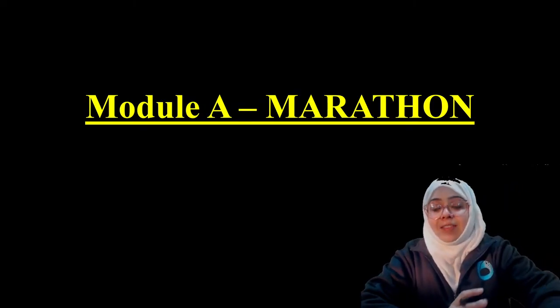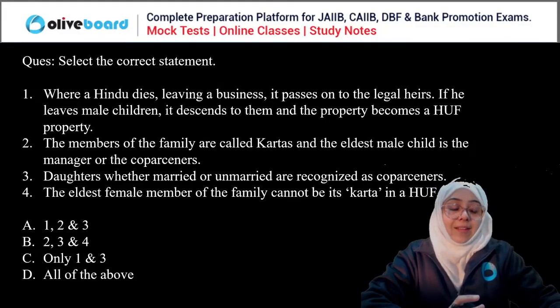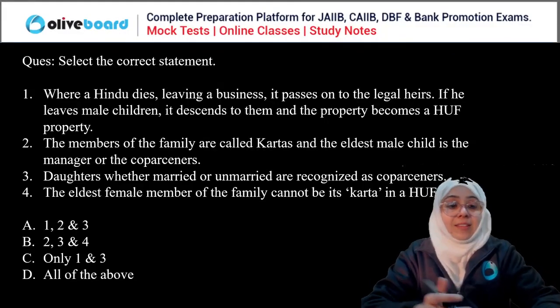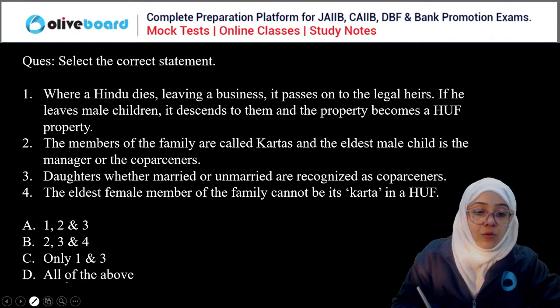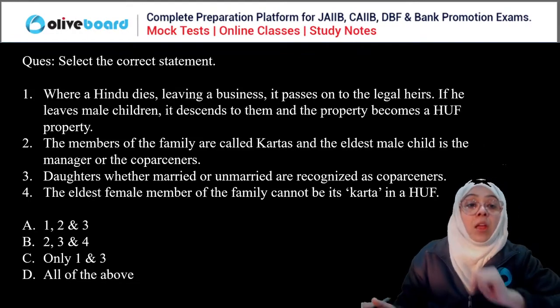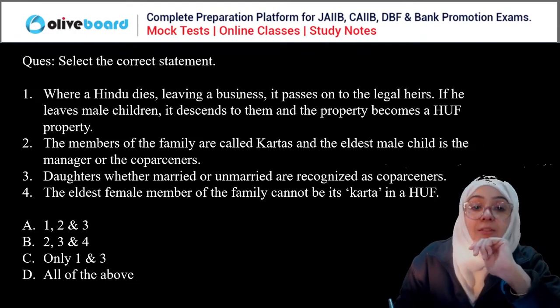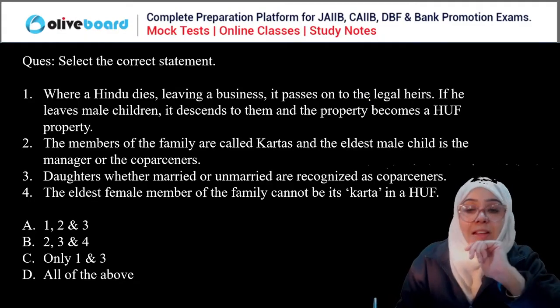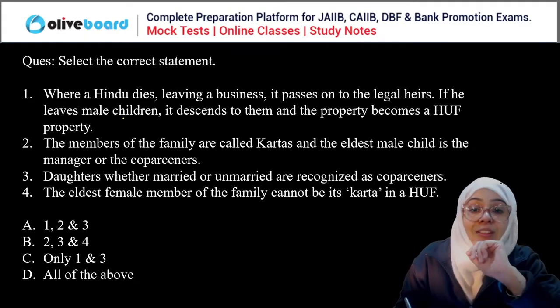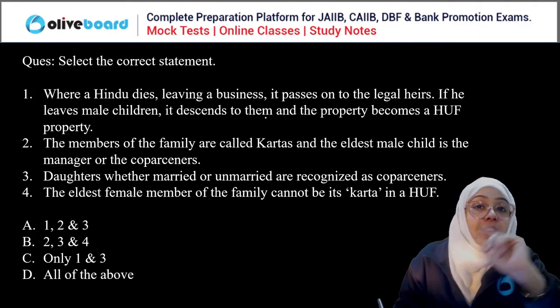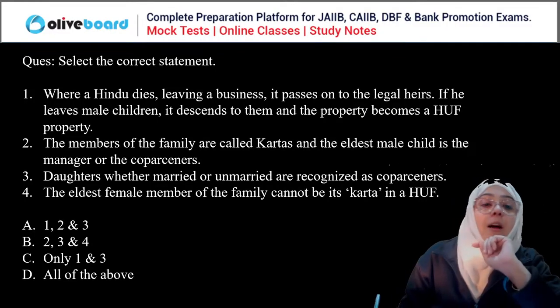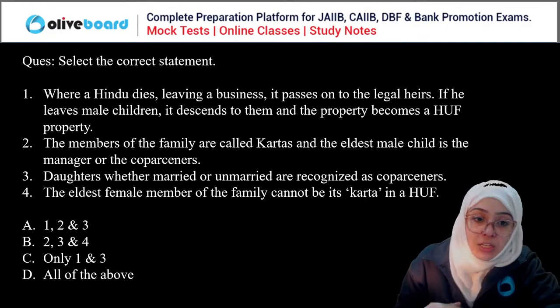So let's start discussing. The very first question is you have to select the correct statement here, everyone. When a Hindu dies, leaving a business, it passes on to legal heir. If leaves a male child, it descends to them. The property becomes a Hindu undivided property.